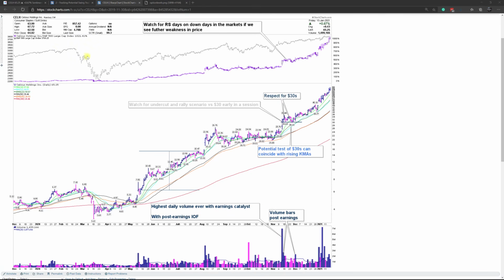At the very top here, we have the S&P 500, and then in purple here is the RS line, which is a little bit more visible here. In the middle, we have basically the stock setup that we use at TL, where it's the 10 DMA, the 21 DMA, the 23 EMA, 50 DMA, 65 EMA, and the 200.